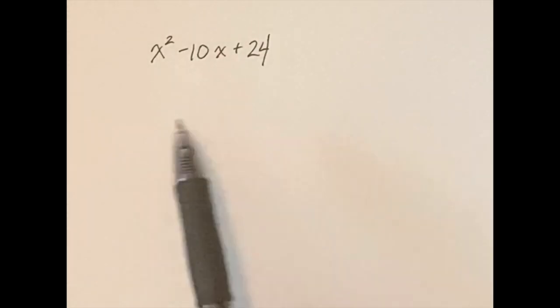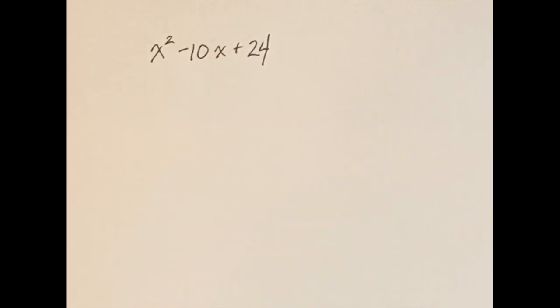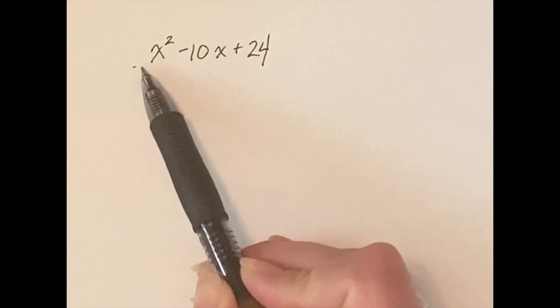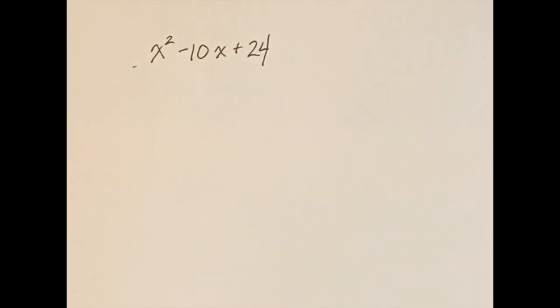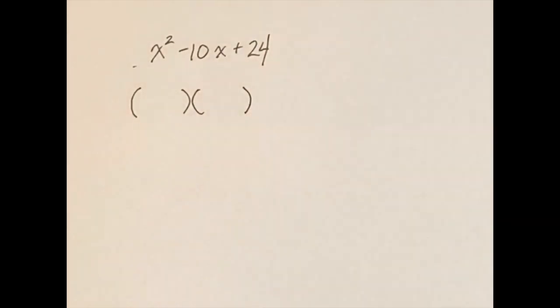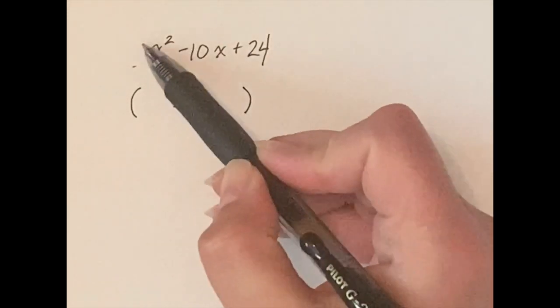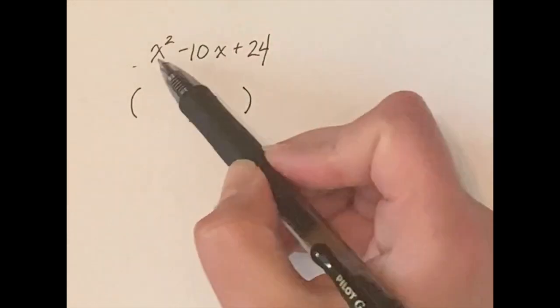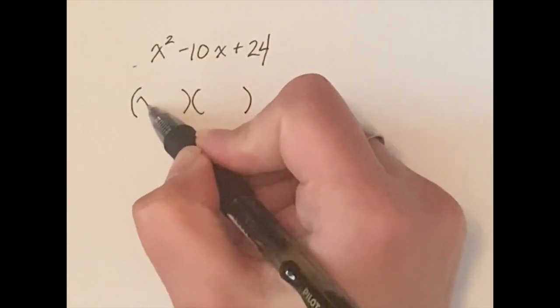Today we are looking at the trinomial x squared minus 10x plus 24, and our goal is to factor it. The nice thing about this trinomial is that our a value, or the leading coefficient that's attached to our first term, is a 1. So that means when we are done factoring and we have the two binomials that can be multiplied into this trinomial, because this is just an x squared or a 1x squared, this x squared gets broken up evenly.